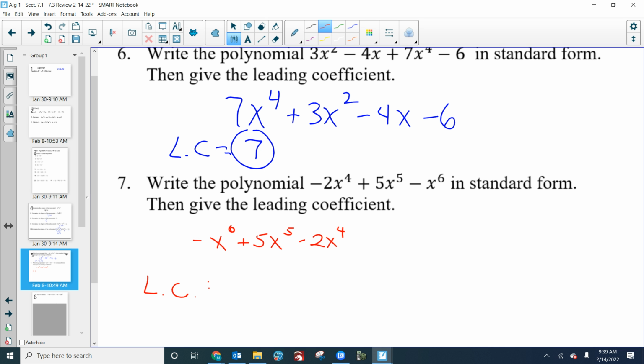What is a leading coefficient? The number in front of the leading variable once you put it in standard form, right? So what is it out there? Oh, negative 1. You guys okay with the leading coefficient being negative 1?